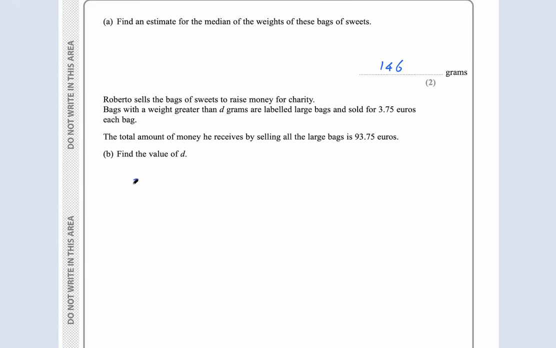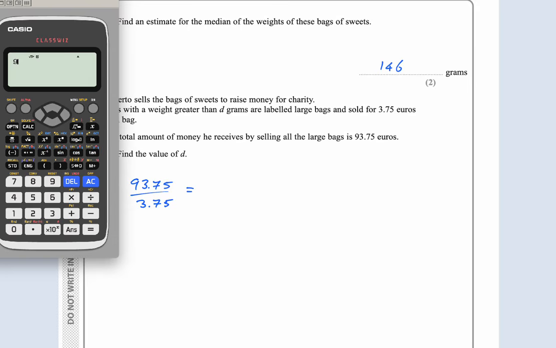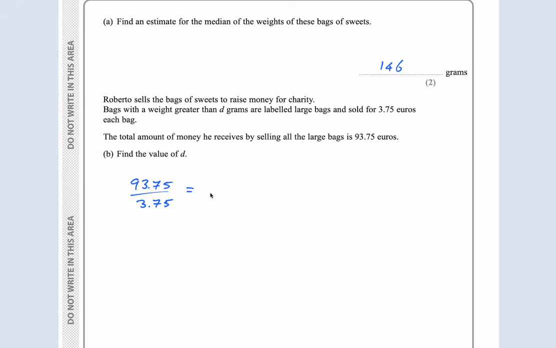So he got 93.75 euros and he sold them for 3.75 each. 93.75 divided by 3.75 is 25, right? So he sold 25 bags.